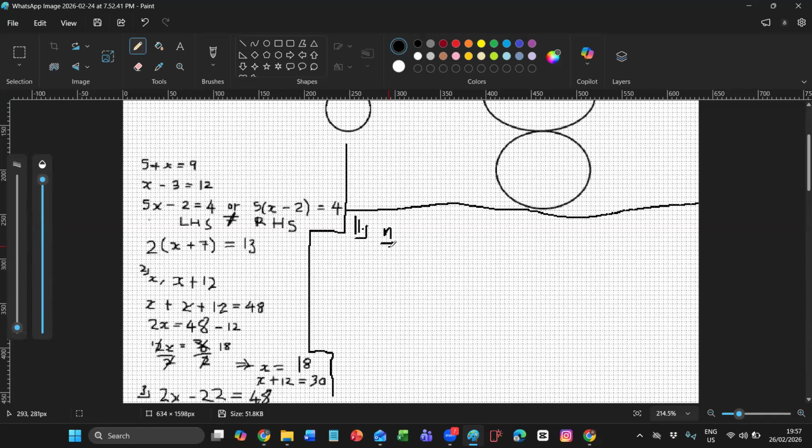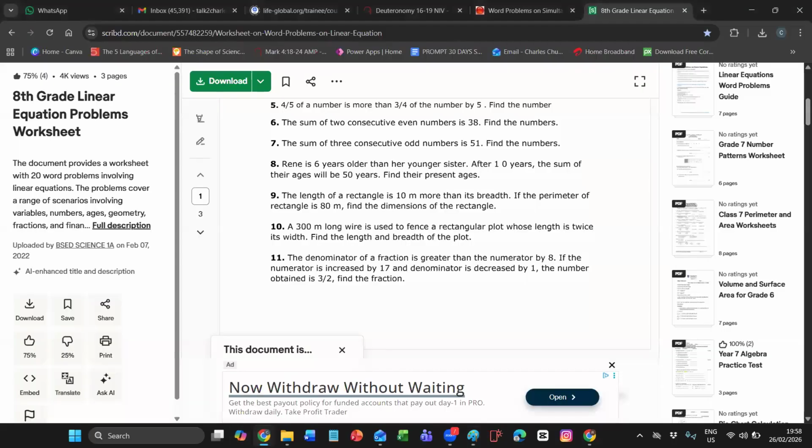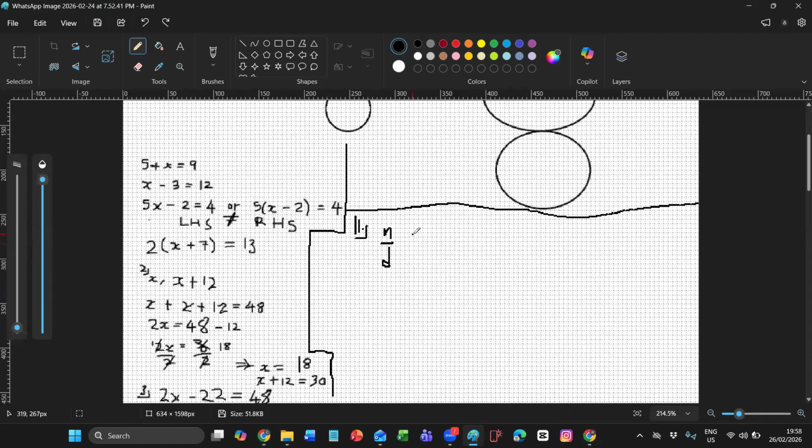Numerator is N, denominator is D. They told us that the denominator of a fraction is greater than the numerator by 8. So that means N plus 8 equals the denominator.